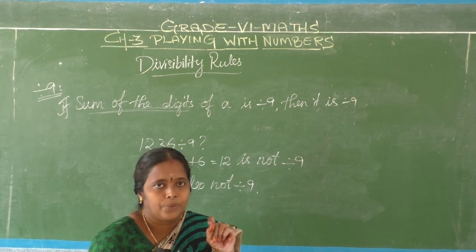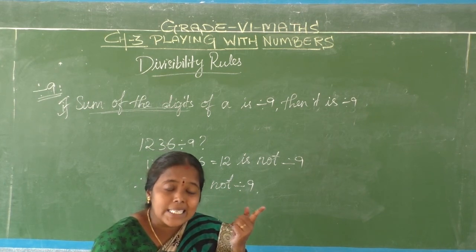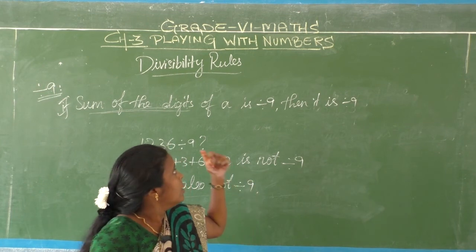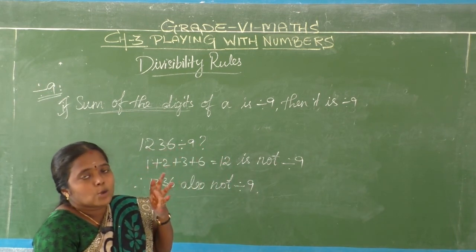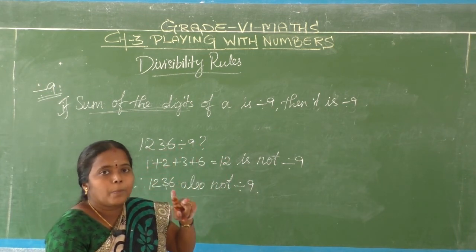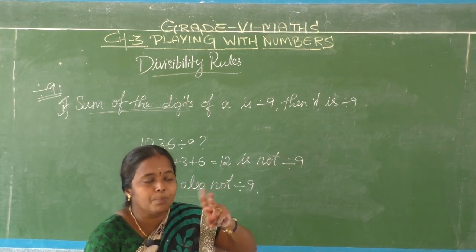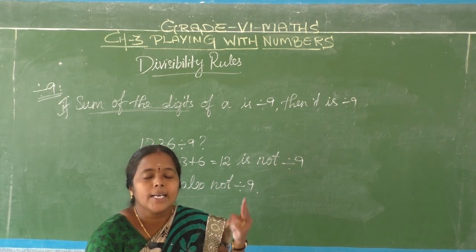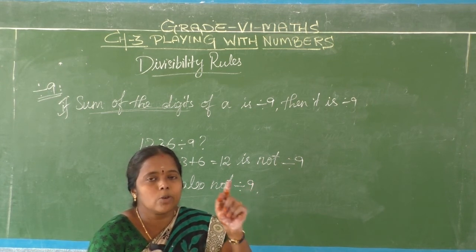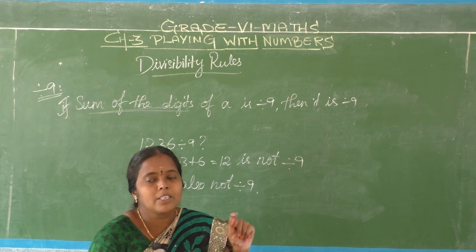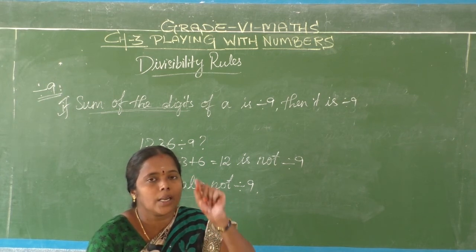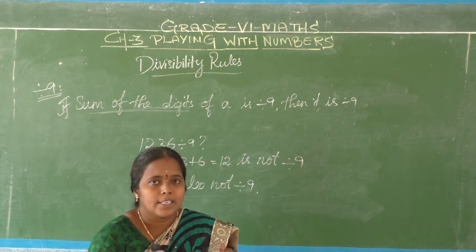Divisibility by 6: there is no specific rule, we have to apply 2 rules, divisibility by 2 and 3. If both are satisfied, then we can tell the given number is divisible by 6, because 2 threes are 6, and 2 and 3 are factors of 6. So there we have to apply the 2 rules.